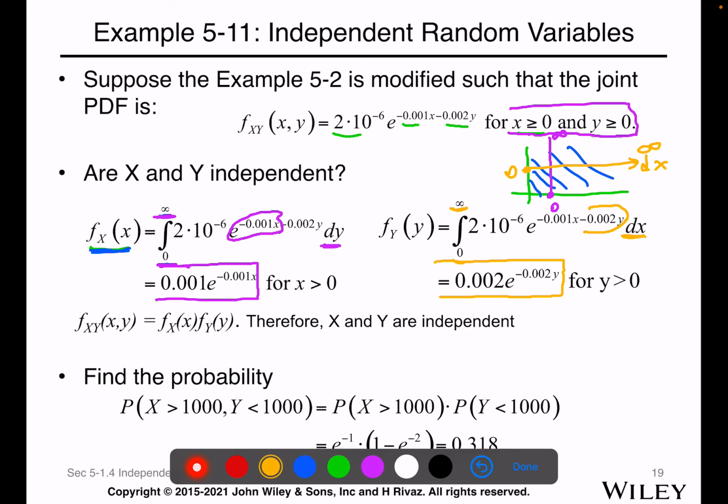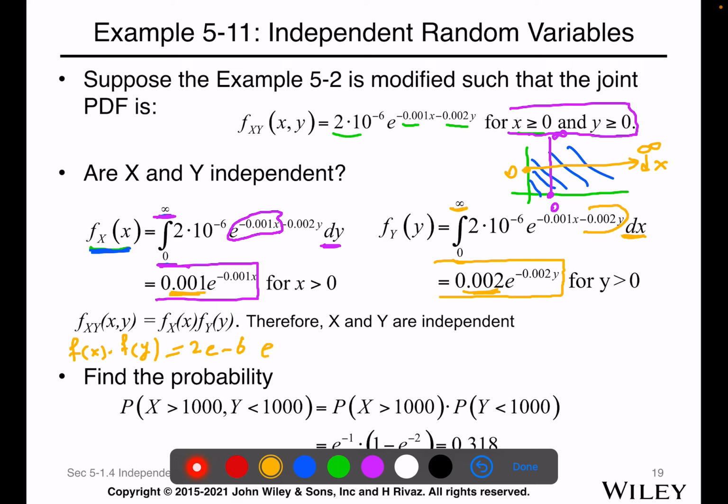So let's multiply them together. f of x times f of y is going to be 0.001 and 0.002 multiplied by each other, which gives me 2e minus 6, because there are 3 decimal places here and 3 decimal places here, so 3 plus 3 is 6.